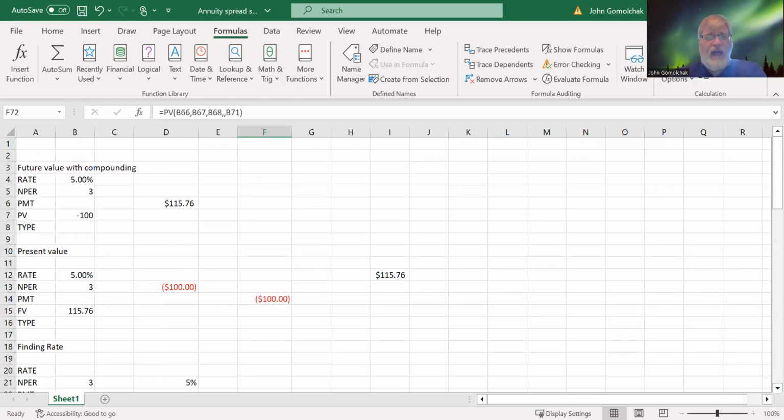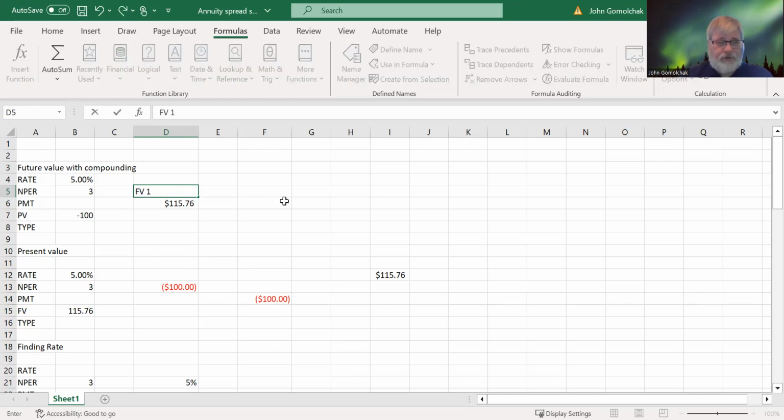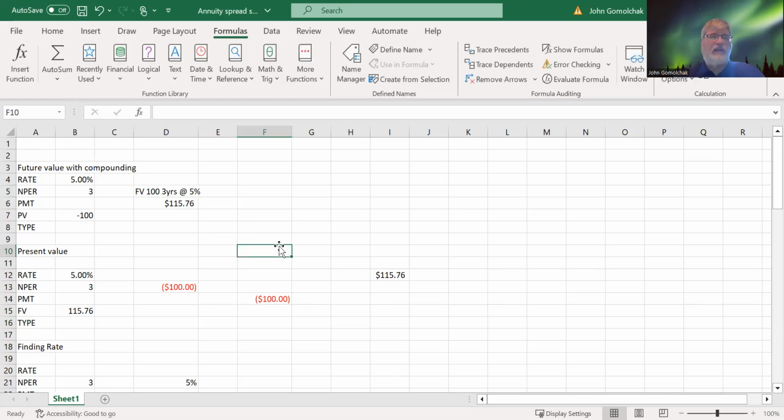I didn't do anything other than create my tables and then give myself a box where I was able to run my calculation. I guess I should have put some sort of a label here. So this one should be future value of $100, 3 years at 5%. So I could have done something like that.